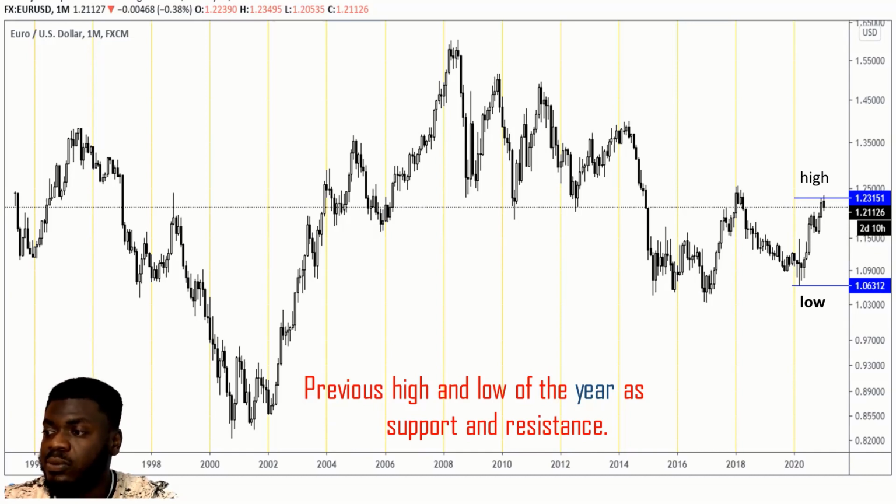This example is mainly suited for long-term traders, but short-term to medium-term traders focus on the previous period where we can plot our support and resistance based on maybe months, weeks, and days. I have examples for the weeks and for the days as well.